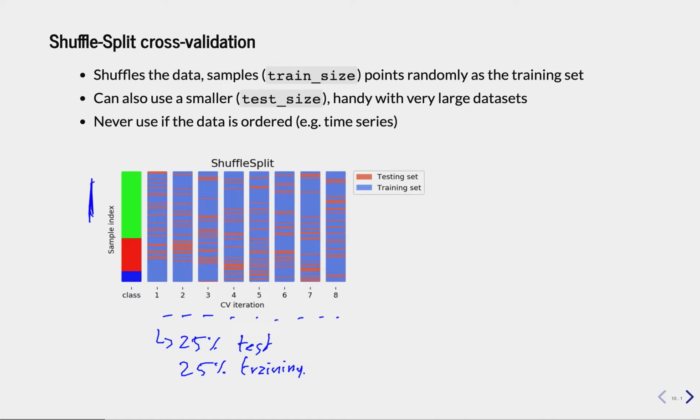As long as your training set is large enough not to cause major overfitting, this is pretty useful. Although never shuffle your data if it's ordered. And that's also why in most machine learning libraries, if you use cross-validation, it's not always shuffled beforehand because it would destroy information if your data is in any way ordered.